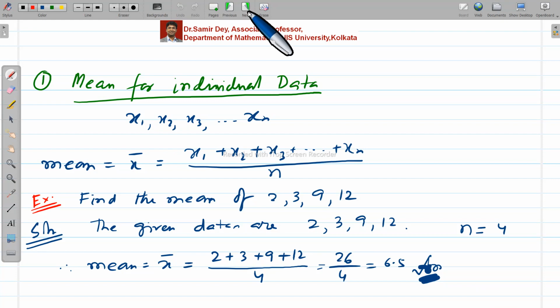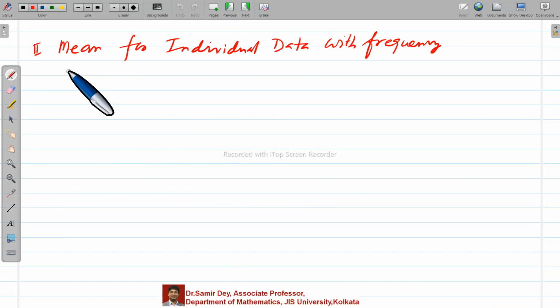Okay, now switch to the second part. Please try to understand the second part, that is mean for individual data with frequency. Frequency means number of repetition, where you can see the same number repeats more than one time. So that is called frequency. If I have this type of data, how can I recognize it?